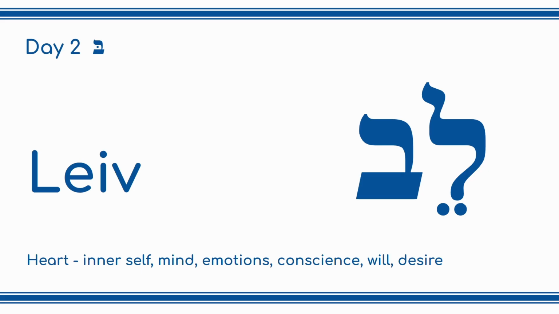It can mean your mind, your conscience, your will, or your desire. So when it says love God with all your heart, it doesn't mean just love God with your emotions. It means to love God with all of yourself, your inner self, your mind, your emotions, your conscience, your will, your desires, to love Him with all of that. That's all wrapped up in that one word, heart, which is why it's very difficult to translate into English, because it means all those things.